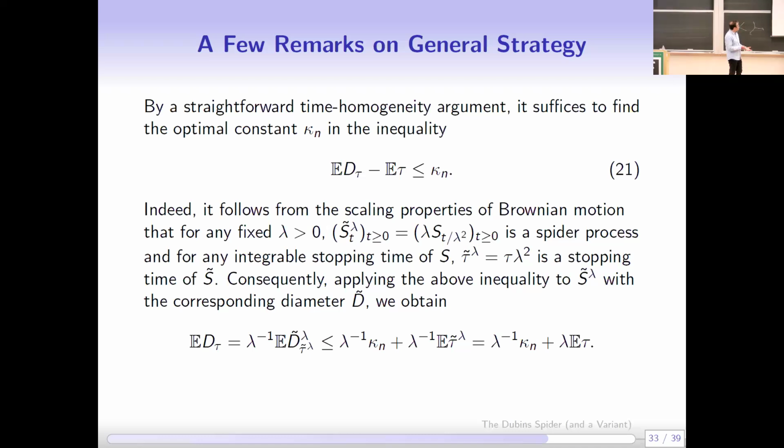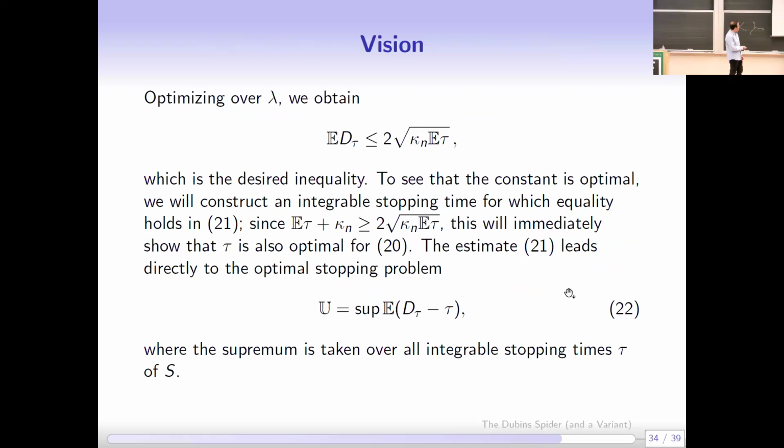You use the time homogeneity argument to find the optimal constant kappa n in this inequality. By scaling properties of Brownian motion, this S tilde will also be a spider process for any integrable stopping time. And you can obtain an expression for the expected value of d tau as follows, using the optimal constant kappa n.